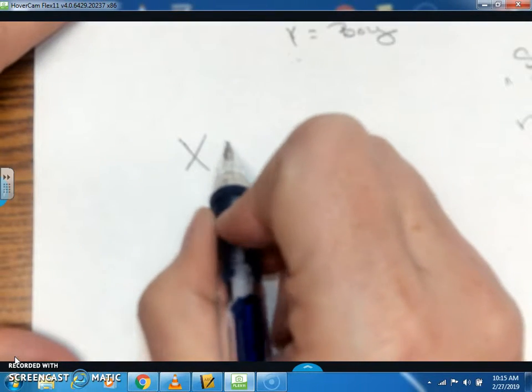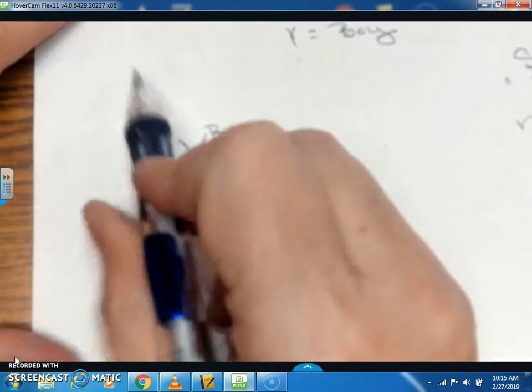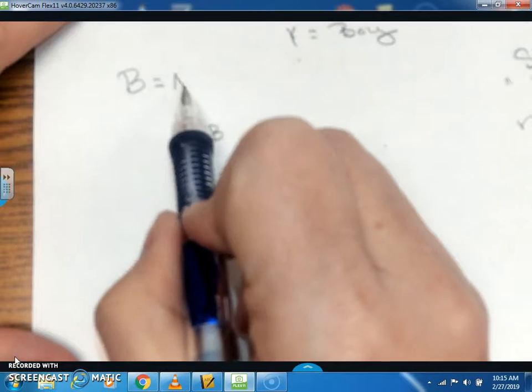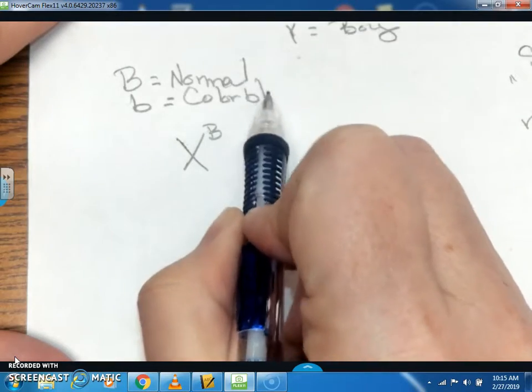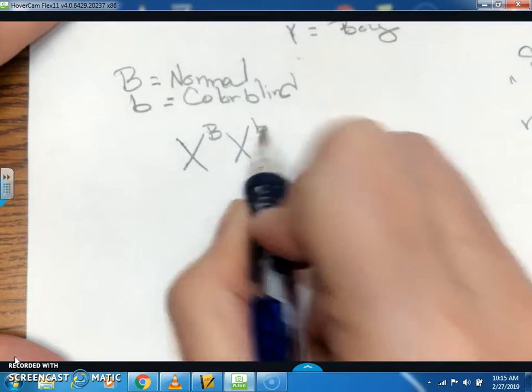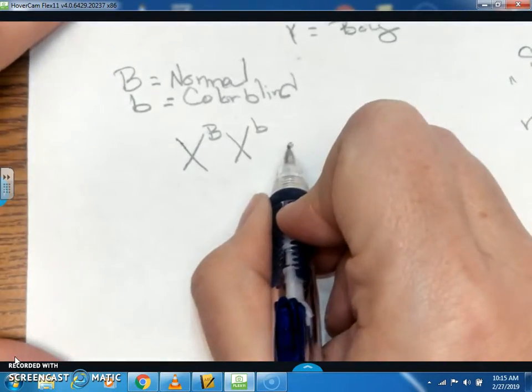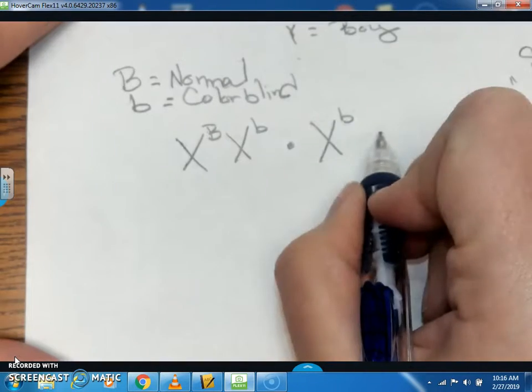If I have a mom who is normal, and I'm going to say capital B equals normal, and little b equals colorblind. So if I have a mom that's normal, but she's a carrier, and I'm going to cross her with a dad who is colorblind.